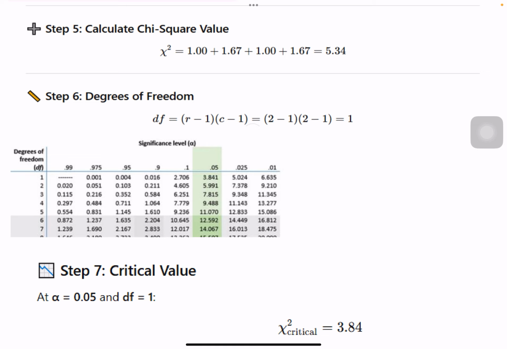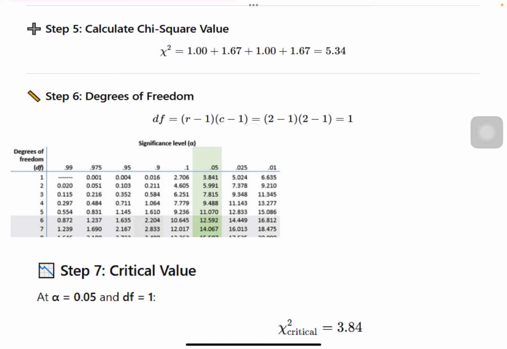This is the table for checking the significance level with the degrees of freedom. As you can see, we have degree of freedom 1. On the first line we check under the 0.05 significance level, which we usually use in social sciences.